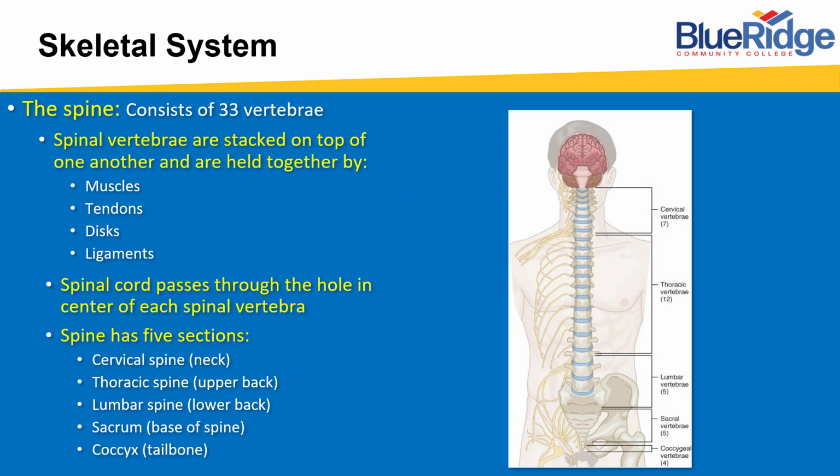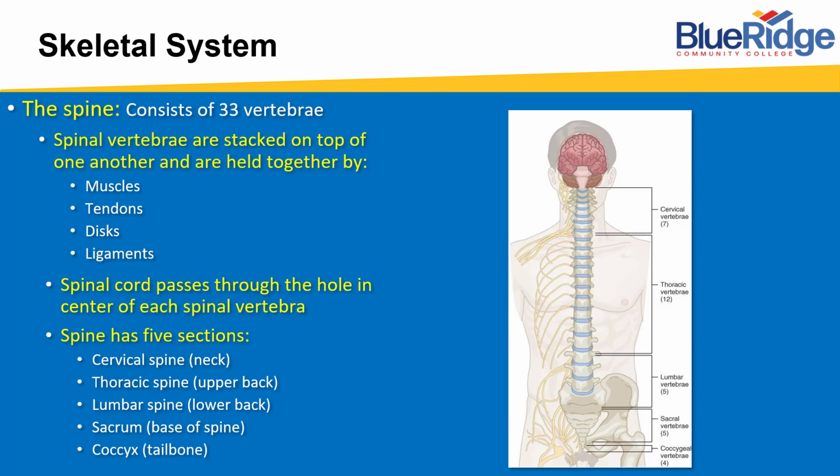it consists of 33 different vertebrae. Spinal vertebrae are stacked on top of one another, and are held together by muscles, tendons, discs, and ligaments. The spinal cord passes through a hole in the center of each spinal vertebra.